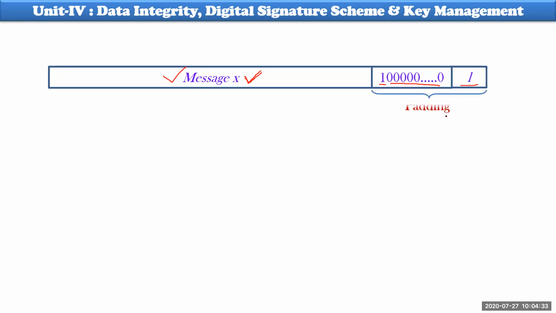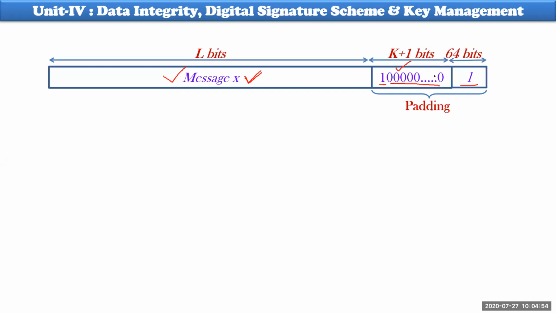This operation is called padding. Sometimes the 1 followed by zeros may not be there, sometimes it will be. Here the message has L bits, and this is K plus 1 bits, so K zeros and plus 1. That is the point we need to understand.